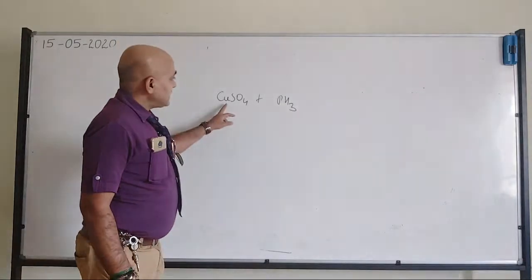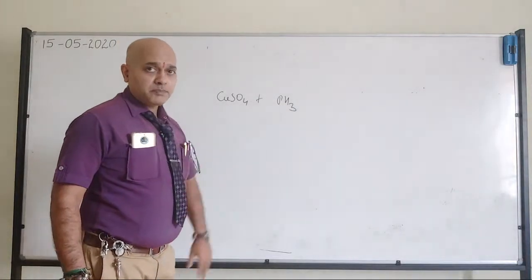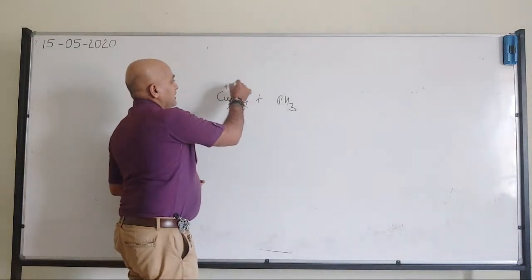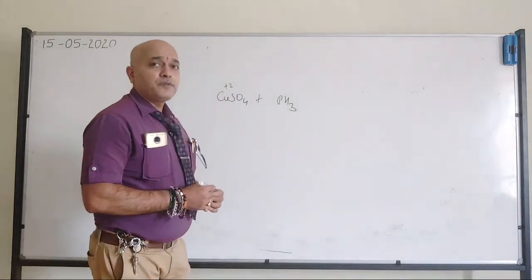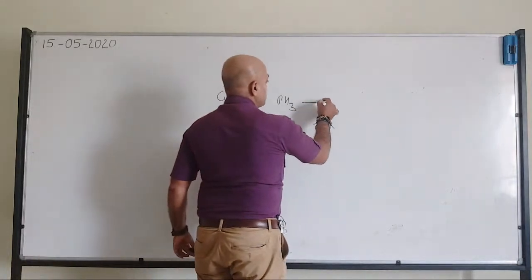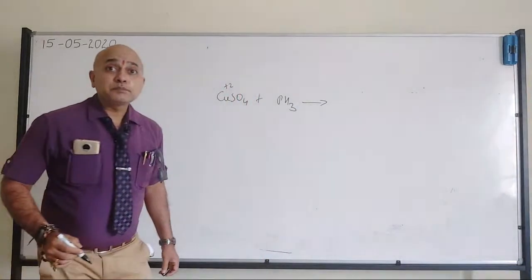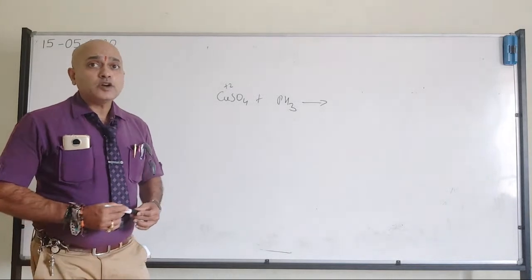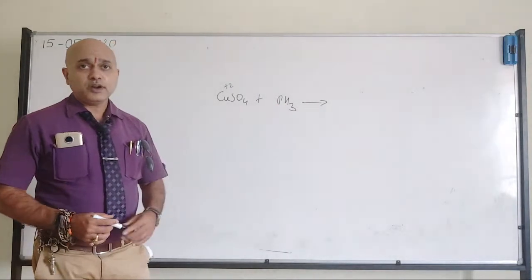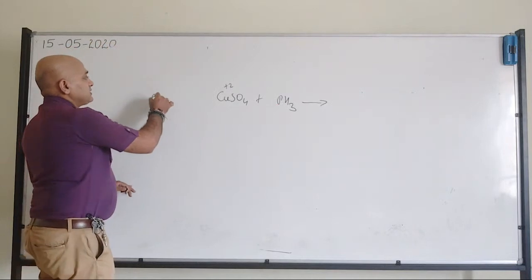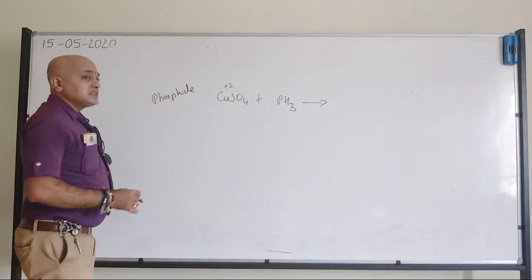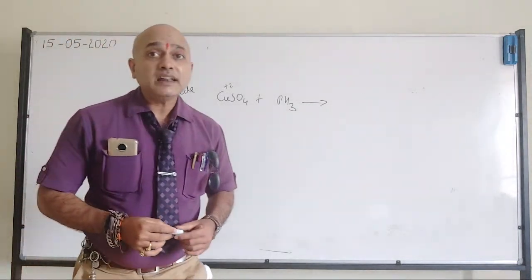So in the case of the copper, it used to be copper plus 2, but here it is already plus 2. And when it is treated with phosphine, it's going to form respective phosphide, copper phosphide will be the product.